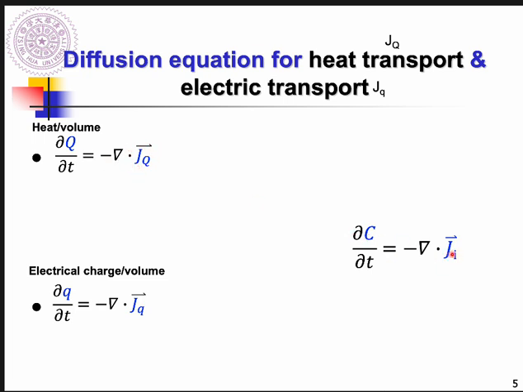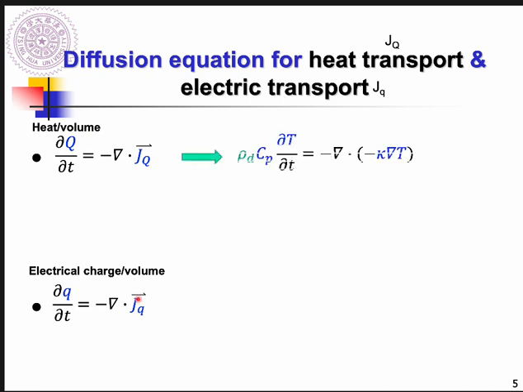You can compare here: you just substitute the concentration with heat, and the atomic flux with heat flux. The same idea applies for charge: you substitute the concentration with the charge, and the flux with current density. Next, I'm going to show you how to derive the diffusion equation for heat transport and also electrical transport.